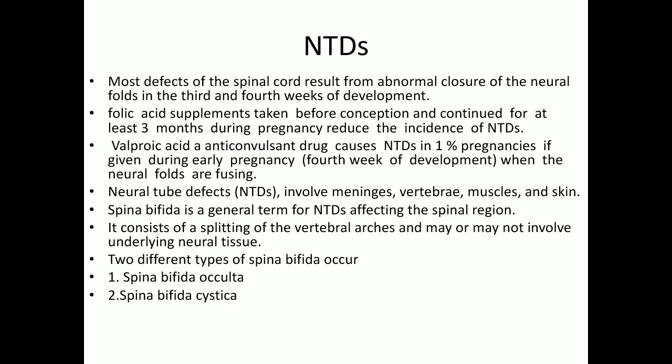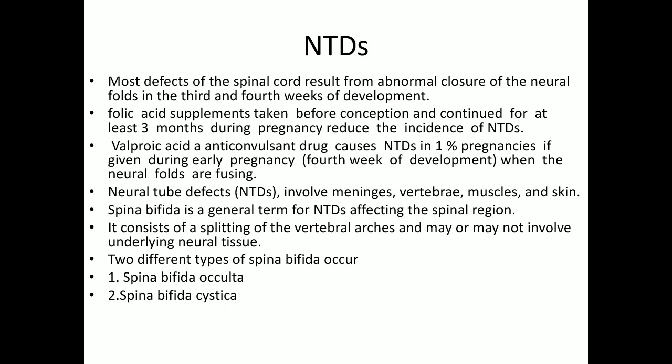Many studies have shown that if a pregnant female takes folic acid supplements before conceiving and during the first 3 months of pregnancy, that will reduce the incidence of neural tube defects.